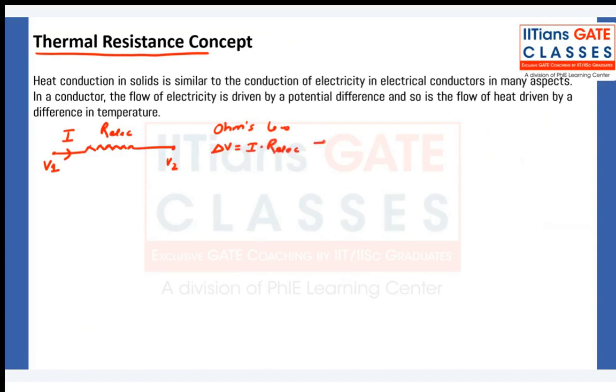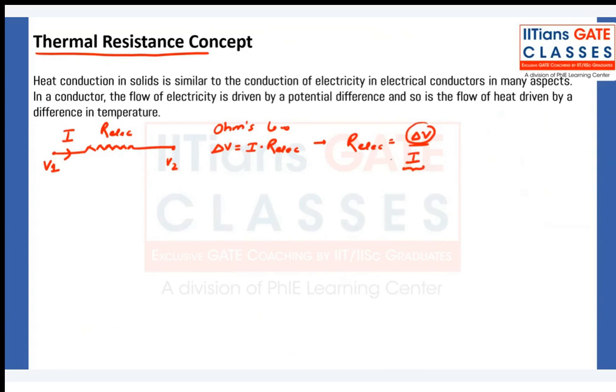So from here, electrical resistance is change in voltage by current. Now, what is this? This is a driving force, and this is the result of this driving force. Because we have maintained the voltage difference, a current is produced.